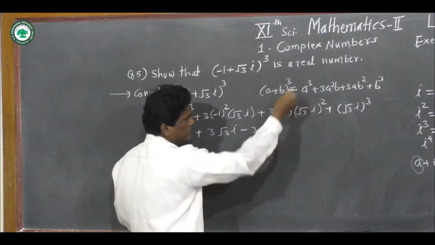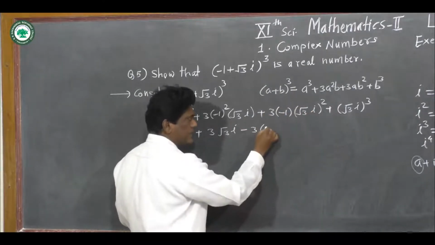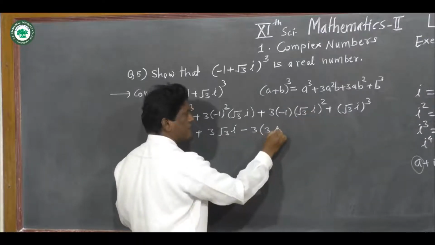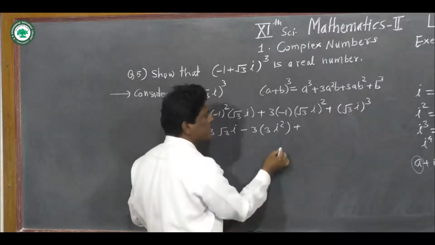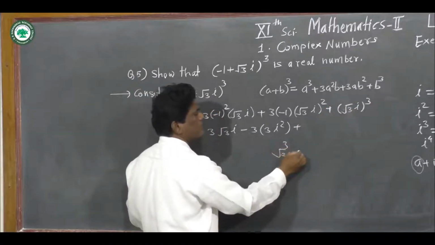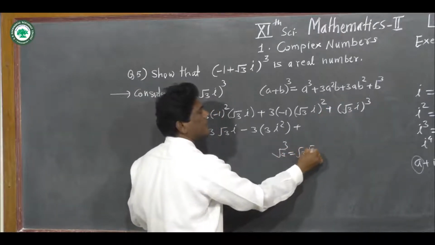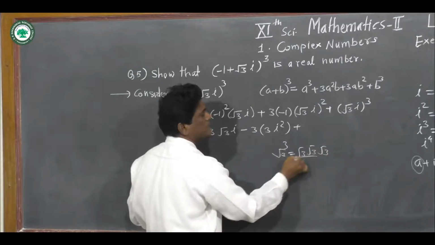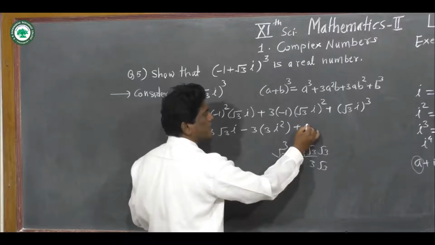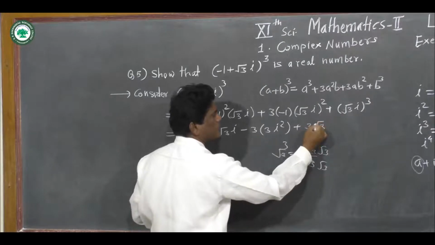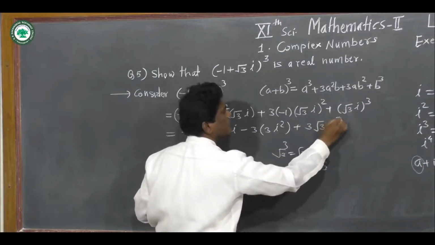Now here root 3 square is 3 and i square, plus here root 3 cube means root 3 into root 3 into root 3. This root 3 into root 3 is 3, so root 3 cube is 3 into root 3, into i cube.